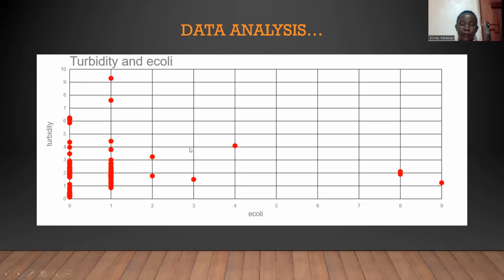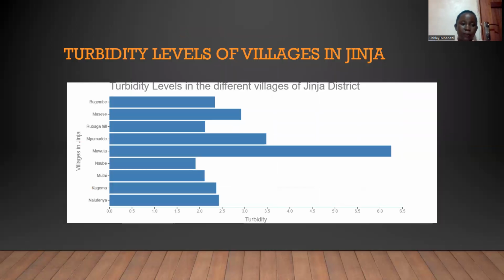I'm analyzing for all districts. These outliers most likely may be Lamu, because it had the highest number of places from which the data was collected. But I would say that most of the water is good for human consumption.